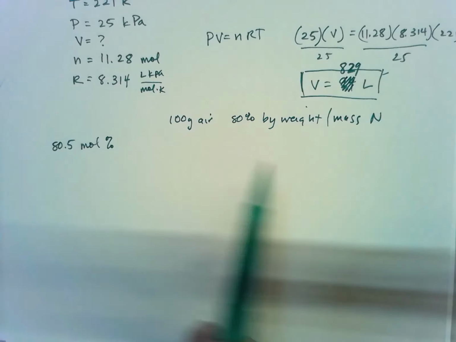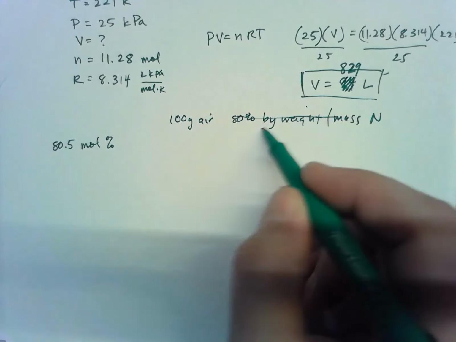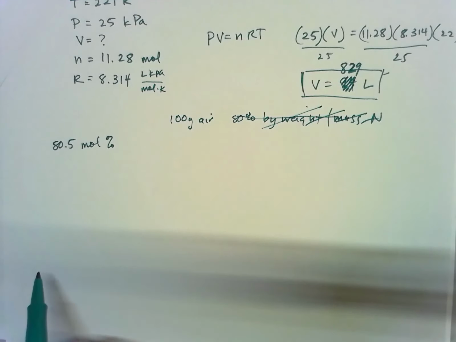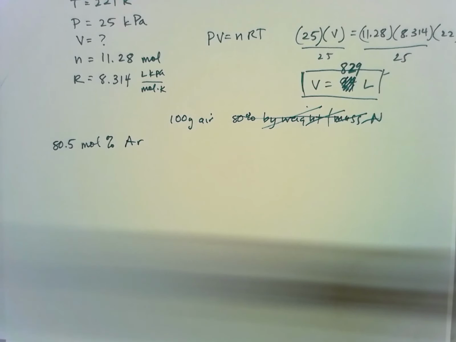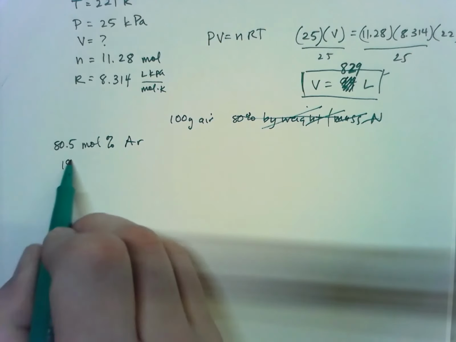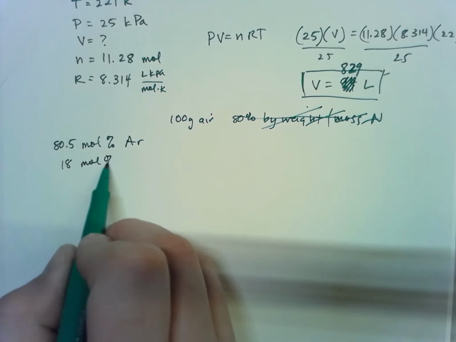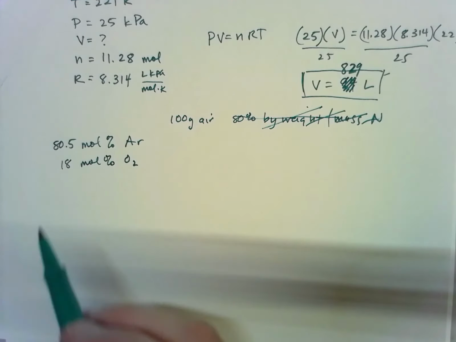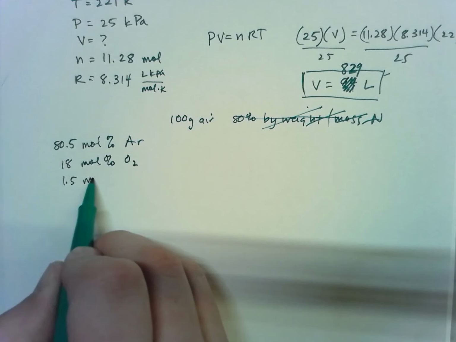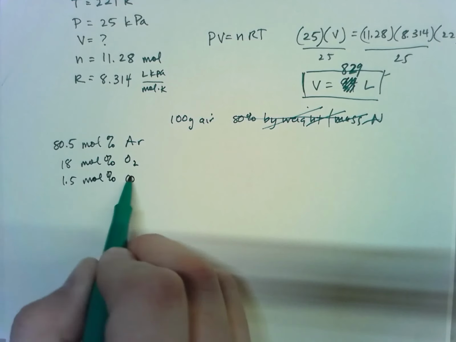So this is unhelpful. So he's doing some of the work for us here. It's 80.5 mole percent argon, 18 mole percent oxygen, and 1.5 mole percent CO2.